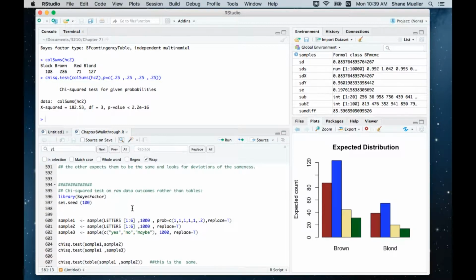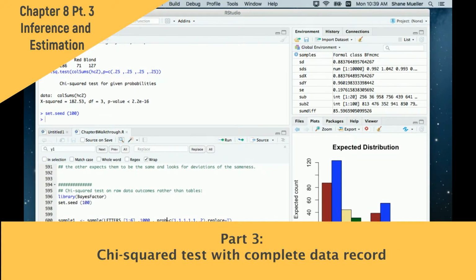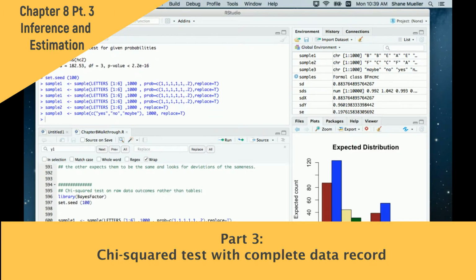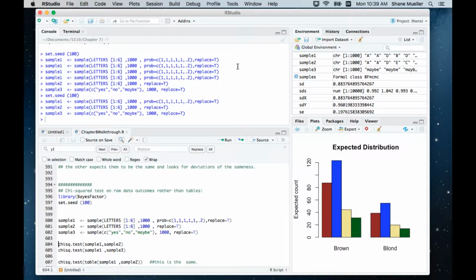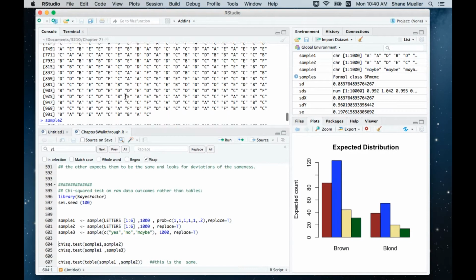Now there are other ways of running the chi-squared test. So instead of building the table, let me do this again. Now I've just sampled values that are independent. These are really independent of each other, and I've got 1,000 different letter grades.